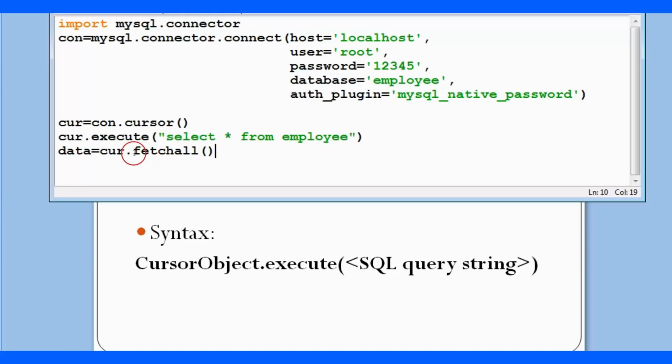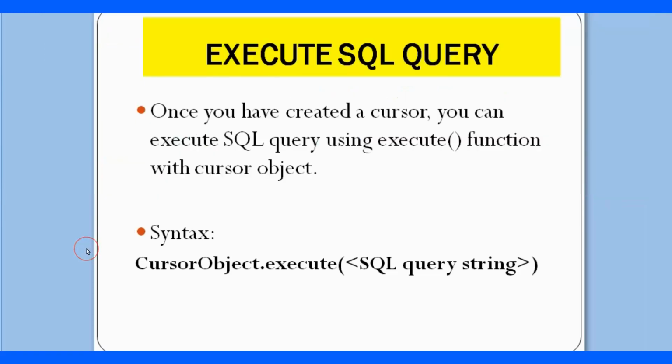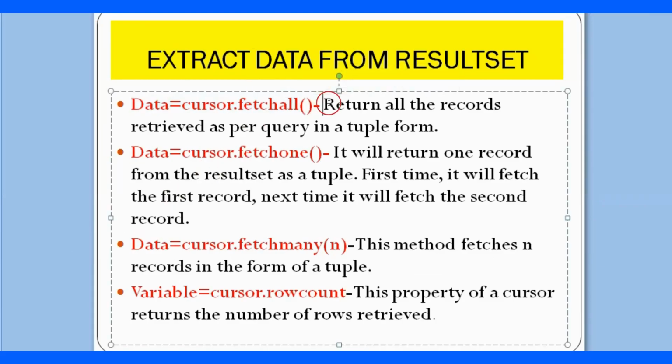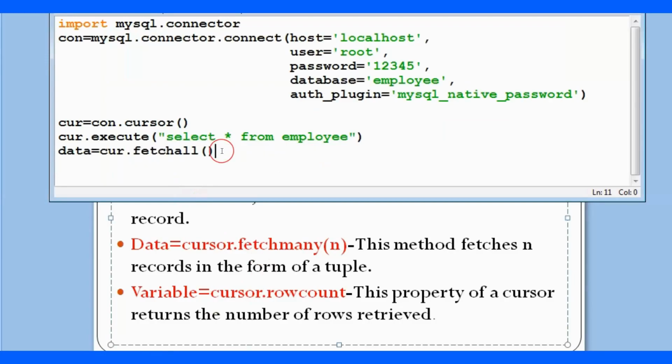This fetchall function reads all the data. It returns all the records as per the query in the form of tuples. I have taught you that, right? So that is what we have done now. Now we are going to print that data.